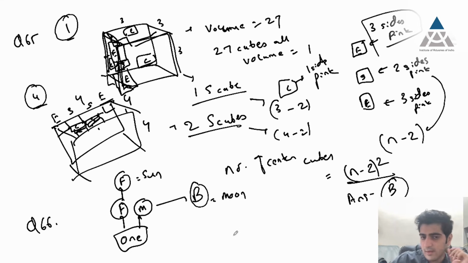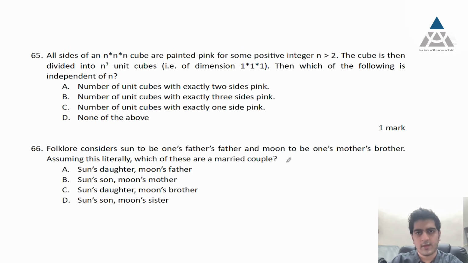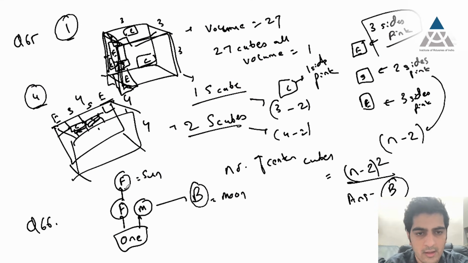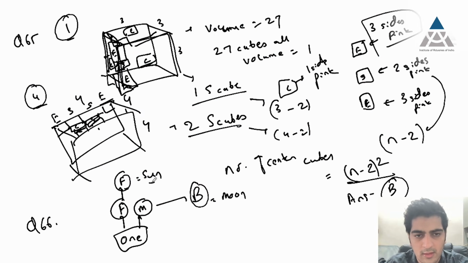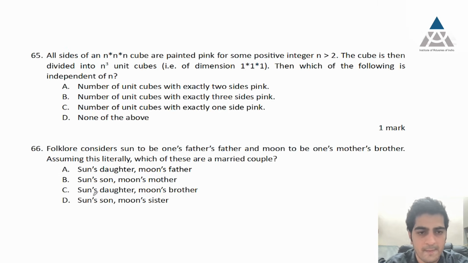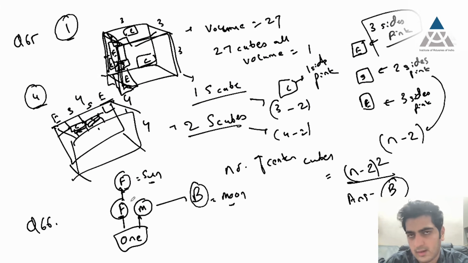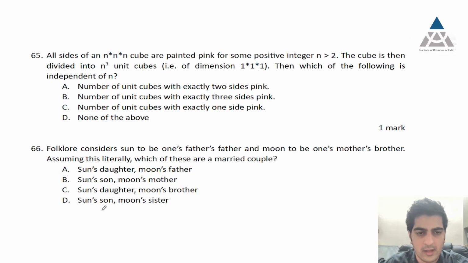Okay. So now we are asked which of these are a married couple. So first option is sun's daughter, moon's father. Sun's daughter is nowhere in the picture, so that is definitely not the answer. Sun's son and moon's mother. So sun's son, that is this guy, and moon's mother, who is again not in the picture, so not the correct answer. Sun's daughter, moon's brother. Sun's daughter again is nowhere to be found, so not the answer.